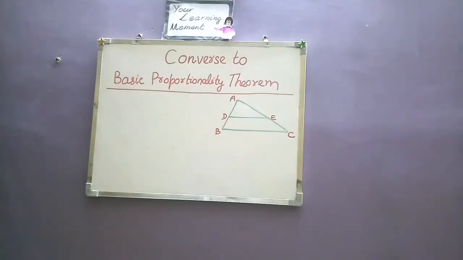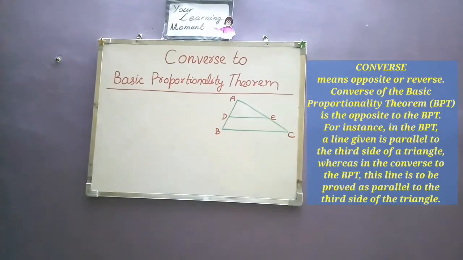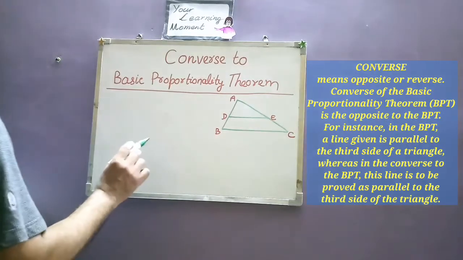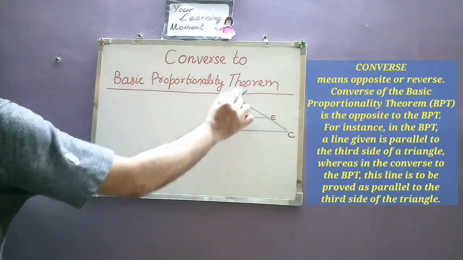Now study another result, that is converse to basic proportionality theorem. Statement: if a line divides any two sides of a triangle in the same ratio, then the line is parallel to the third side.